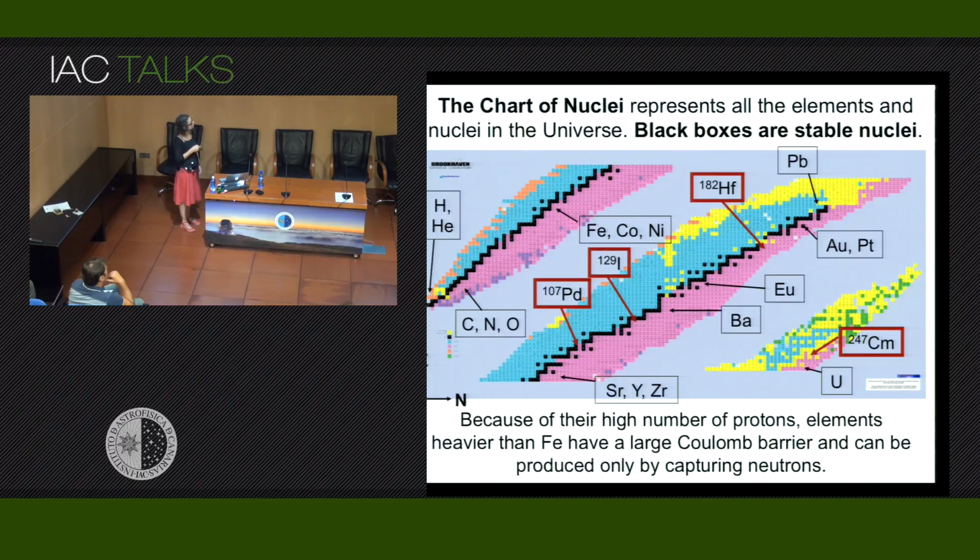And we have other interesting elements beyond iron, like all the rare earth elements that make up all the smartphones that we have today. Lead, for example, of course, silver is around here, gold is here, uranium, etc. So in detail, how do we produce these nuclei by neutron captures? Let me zoom in on this region here of the nuclei chart.